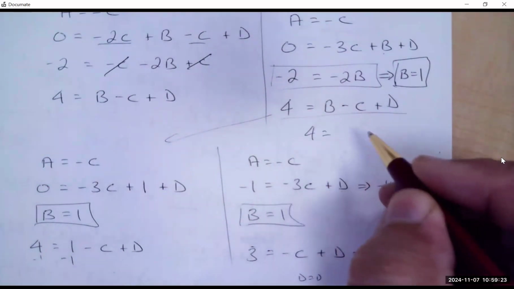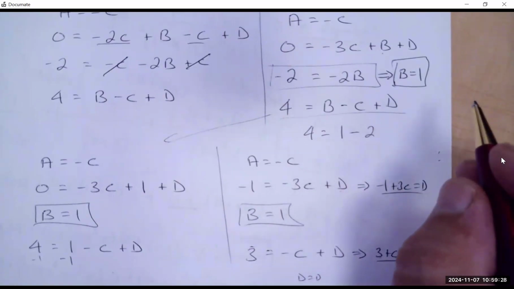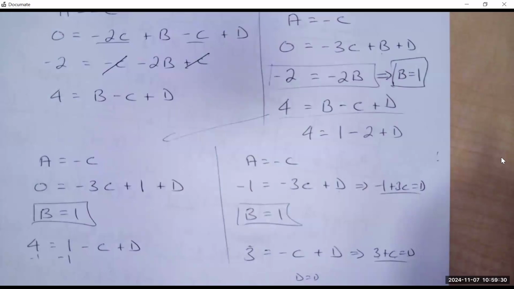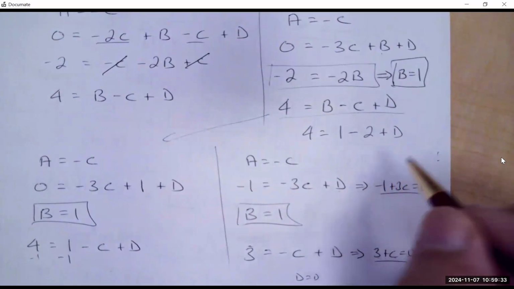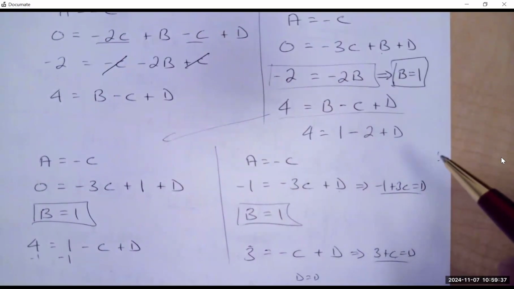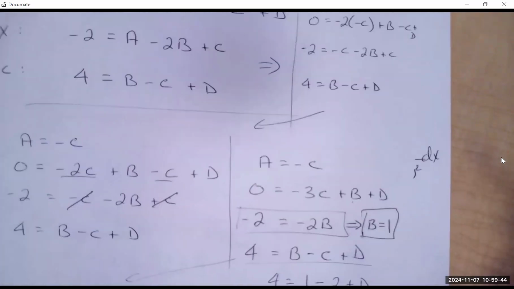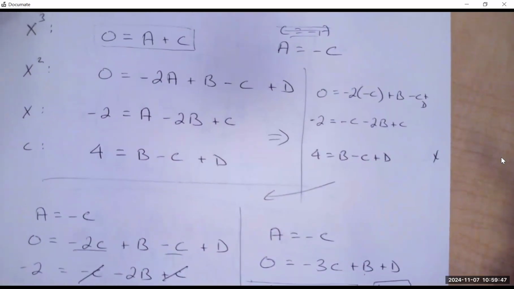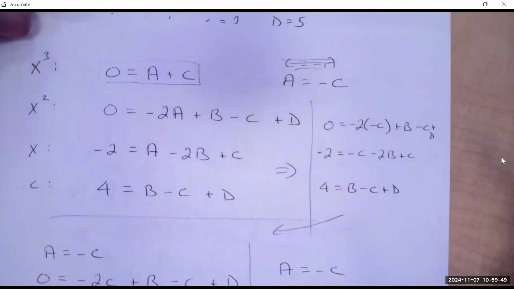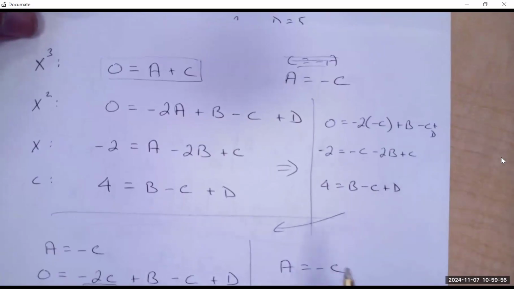So 4, b is 1, c is 2, it has to be 5. I'm thinking one of those signs is wrong. But whenever you multiply negative two times negative three, isn't it positive?